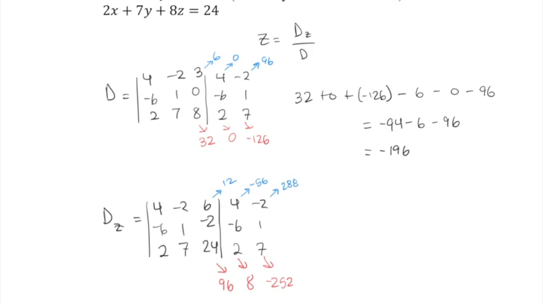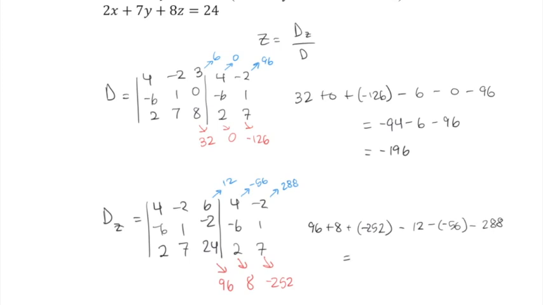So those numbers I have written in red, those add. And then the numbers I have written in blue subtract. So then 96 plus 8 minus 252.